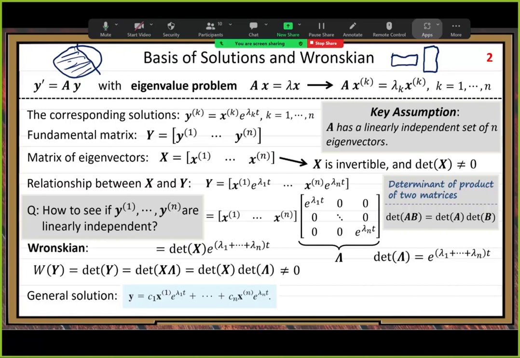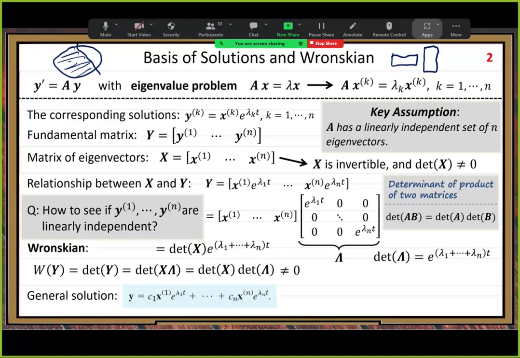How do we understand this expression? Let me elaborate. When you view the Y formula here, I'd like you to pay attention to the structure of each term.